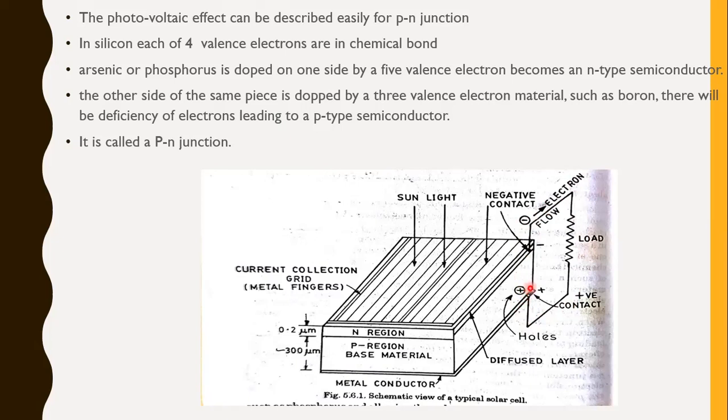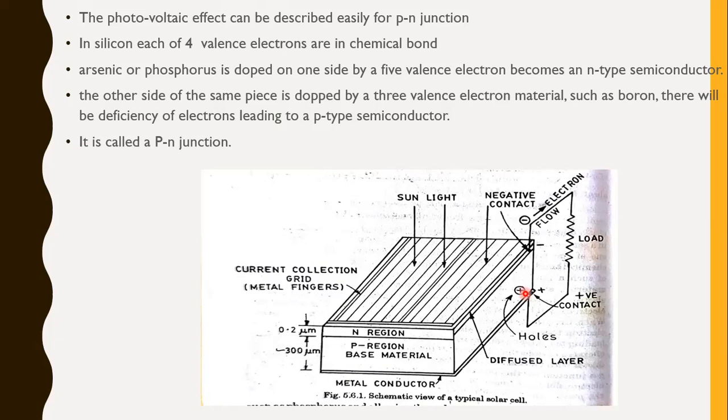Here free electrons will enter the holes and become bound electrons. These free electrons enter from the conductor into the p region and become bound electrons. Thus both free electrons and holes are removed.